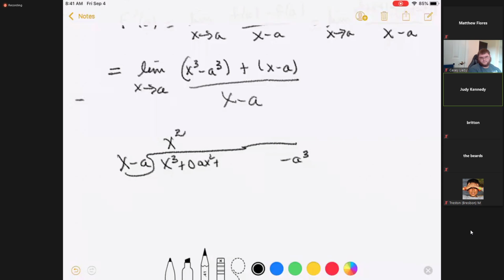So x squared times x minus a is x cubed minus ax squared. This is just like when you divide numbers, same algorithm. Now subtract: x cubed minus x cubed is 0, and 0 minus ax squared is plus ax squared.